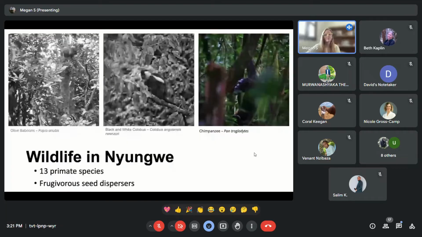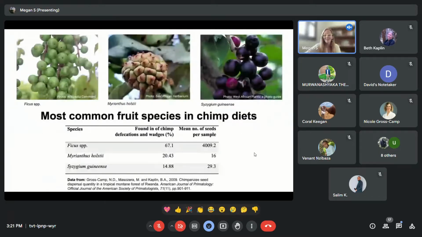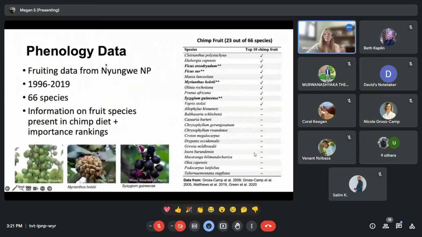So interesting that she's here because I looked at this paper and I used the information that she had studied during her time in Nyungwe to identify some of the most common fruit species in chimp diets, which you can see pictured here. And then I used all of this information to come up with a full list of the chimp fruit species, the fruit species that are targeted in chimp diets at Nyungwe.